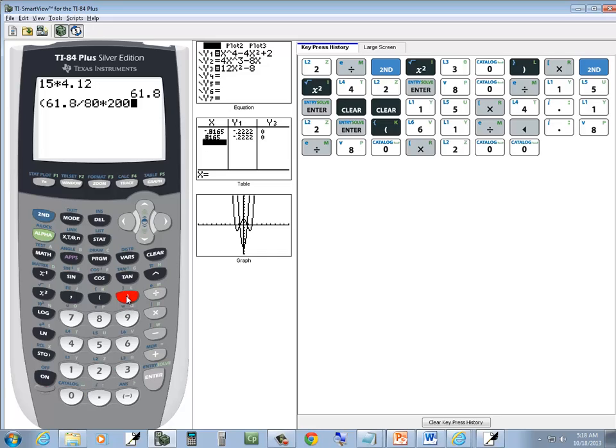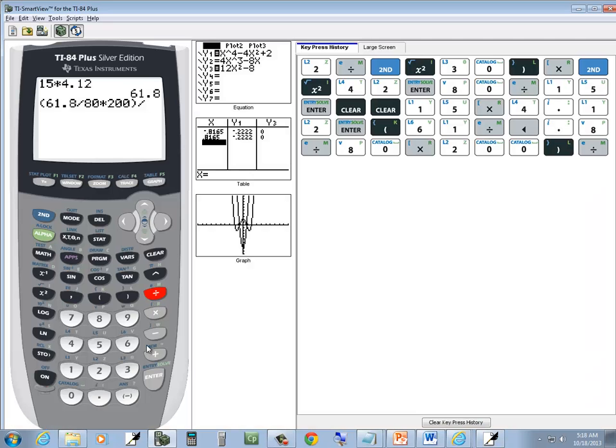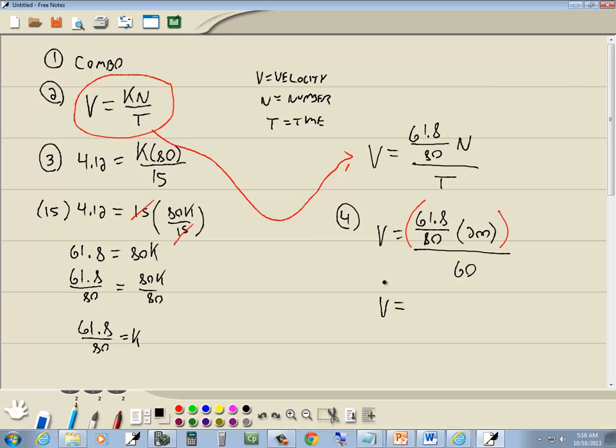Close parenthesis on the top part, divided by 60. Enter. And I'll take it to 2 decimal places, 2.58. And that would be our answer.